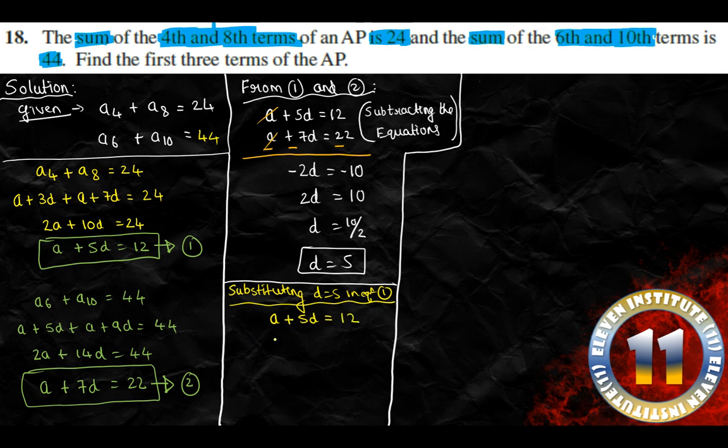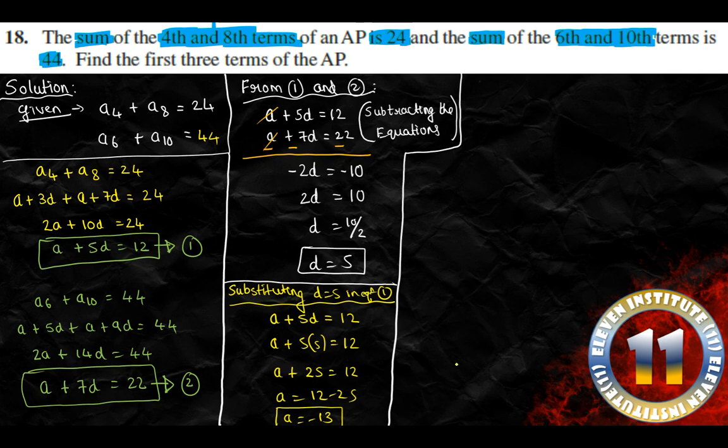Now A will remain as it is, instead of D we will again write 5 is equal to 12. 5 5s are 25. So A plus 25 is equal to 12. 25 will subtract over the other side, and 12 minus 25, so we get minus 13 as our answer. Fine, I hope this is clear to you.